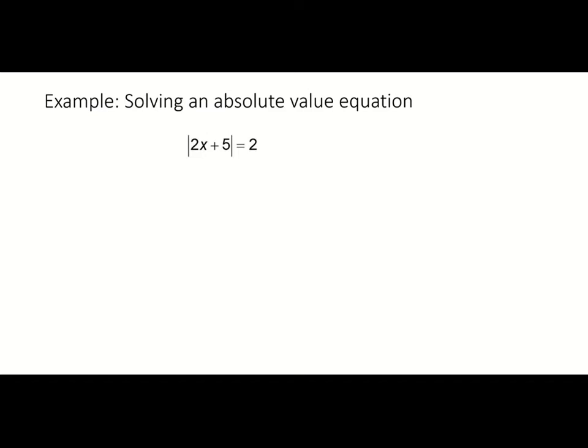All right, so here's our first absolute value equation that we are going to solve. And we have 2x plus 5 in absolute value symbols is equal to 2. So remember, what we have to do is split our equation into two.